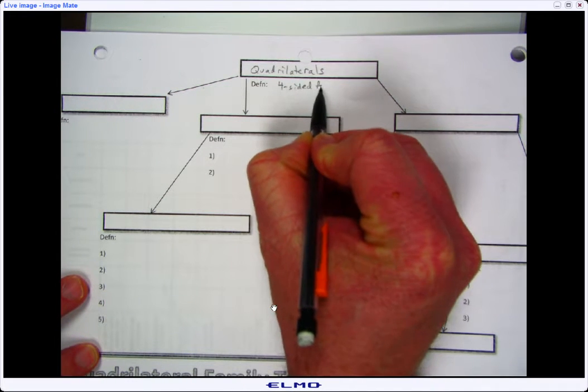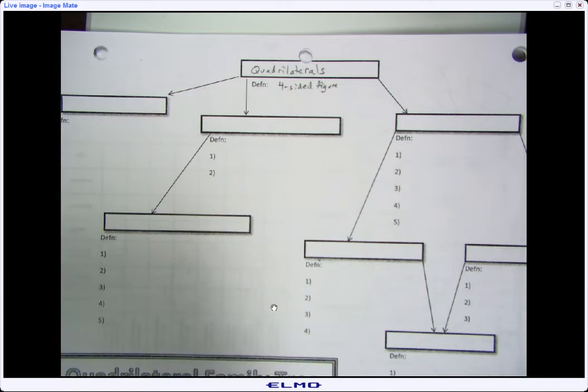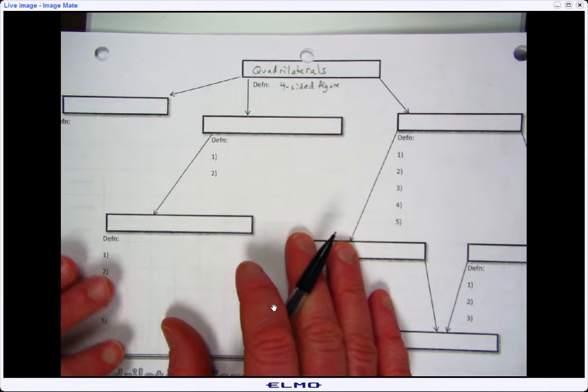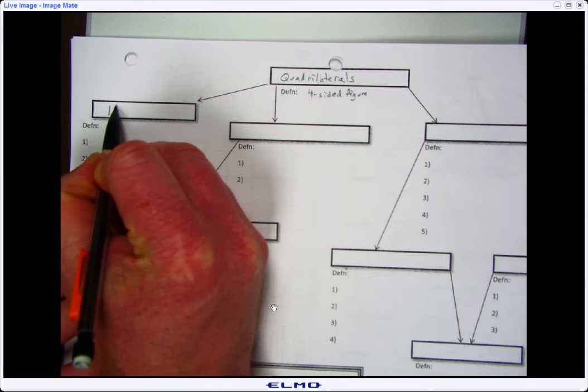So every one of the shapes that we will be dealing with will at least be a quadrilateral. So when you're classifying, you can always put that if you can't figure out any other specifics.